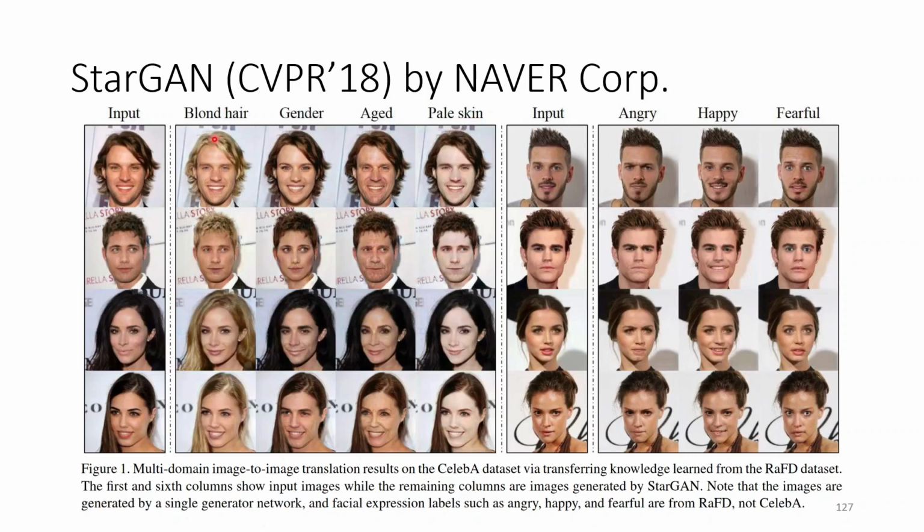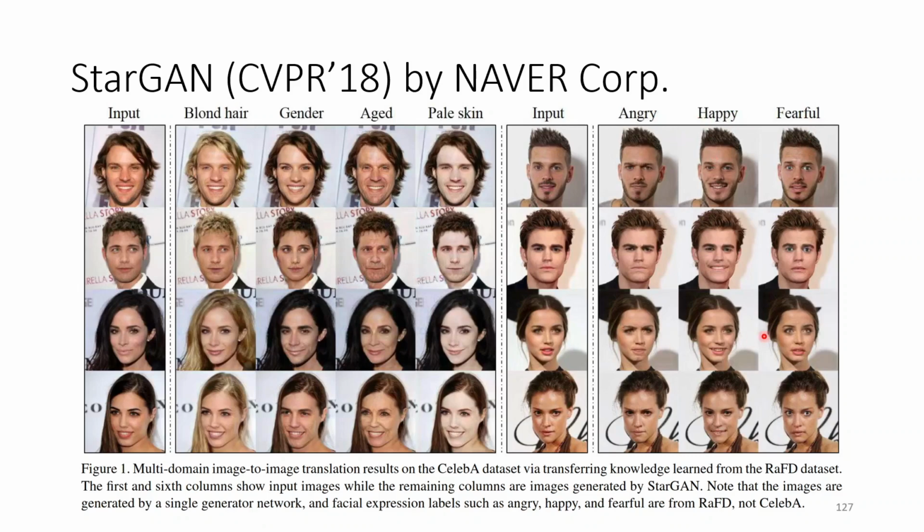So given an input image and the label, both of them are conditions, and the model can generate different outputs. And for this one, again, given an input image, there are 3 conditions: angry, happy, or fearful. Then you can also generate different output images.